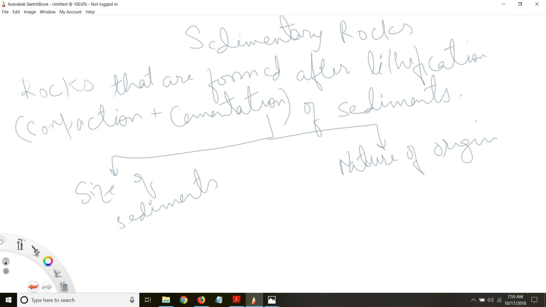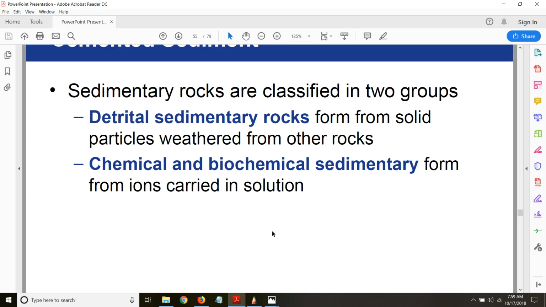Based on the size of sediments, there are multiple different types. So this is from your lecture slide.